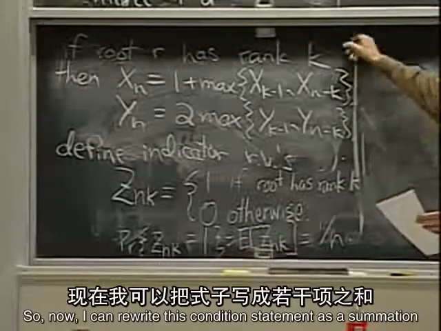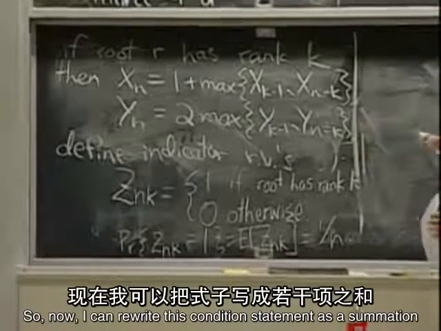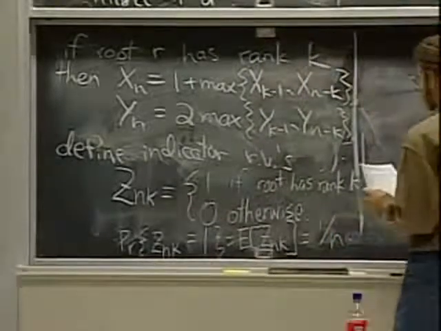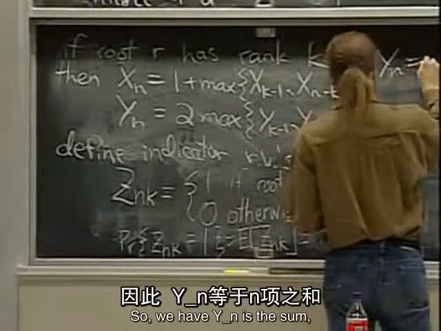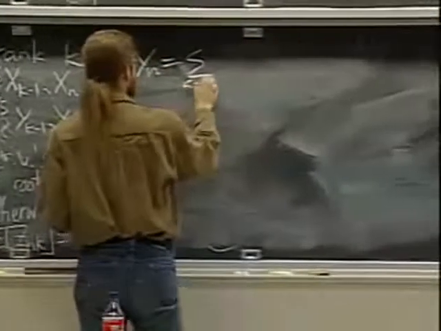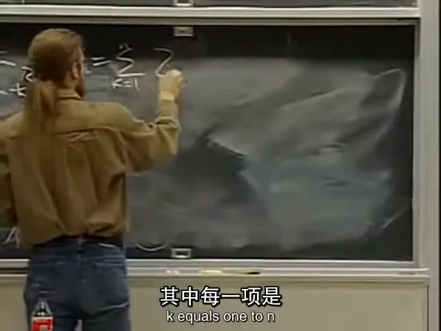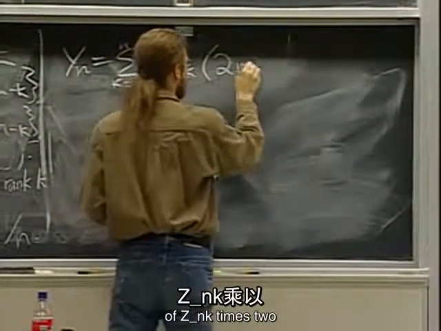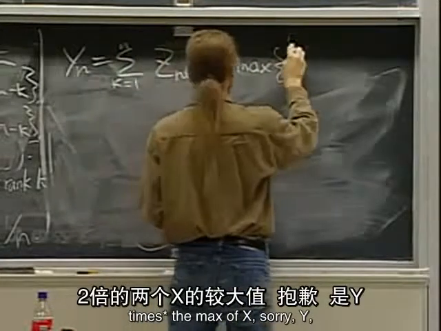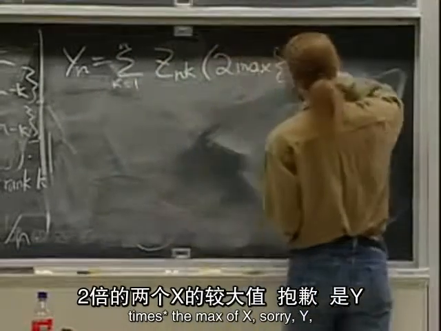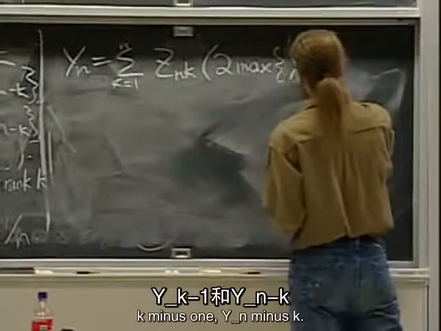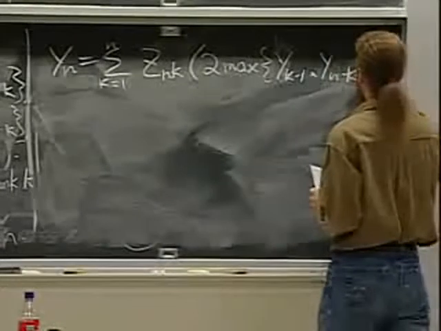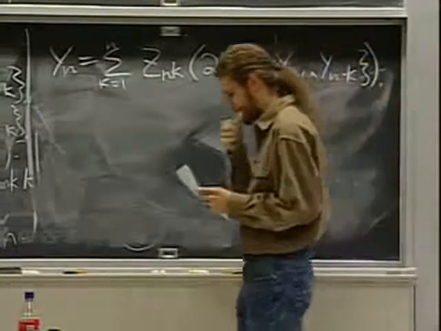Now I can rewrite this conditional statement as a summation where the z_nk's let me choose what case I'm in. So Y_n is the sum, k equals 1 to n, of z_nk times 2 times the max of Y_{k-1}, Y_{n-k}.